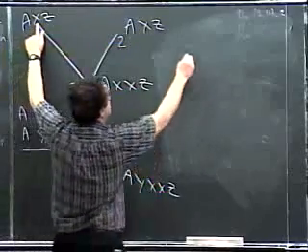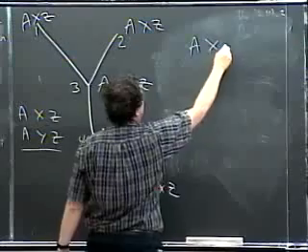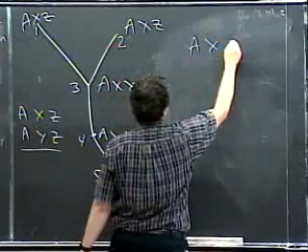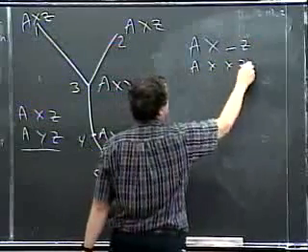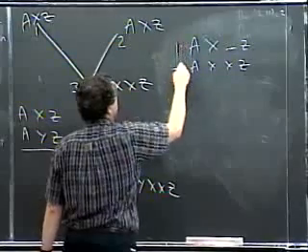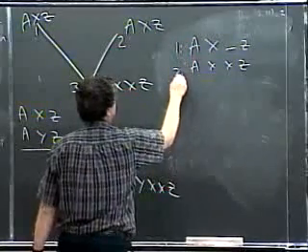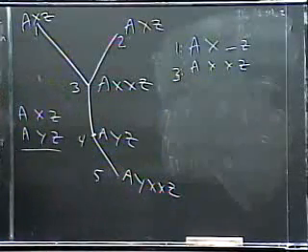I'm going to then find an optimal pairwise alignment, AXZ and AXXZ. That's an optimal pairwise alignment of 1 and 3. Right? Can't do any better than that alignment for those two strings.